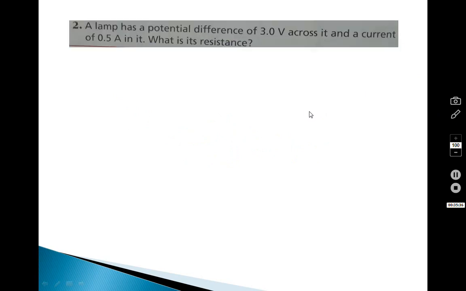Second question. A lamp has a voltage of 3 volt across it and a current of 0.5 ampere in it. What is the resistance of this lamp?